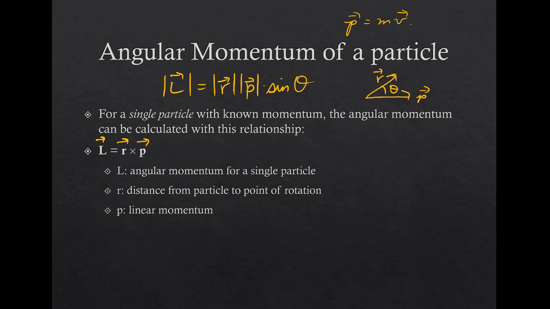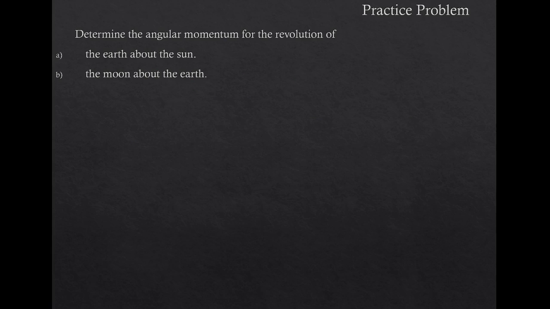Okay? So we could set up a problem where we're calculating the angular momentum for the revolution of the Earth about the Sun or the Moon about the Earth. Okay? So here's the Sun. And we'll say that we have the Earth right here, which has a linear momentum p like this, but it's also rotating with an angular velocity omega.